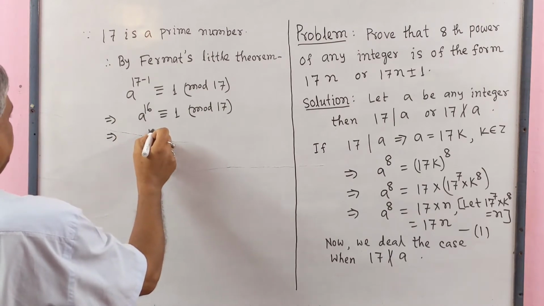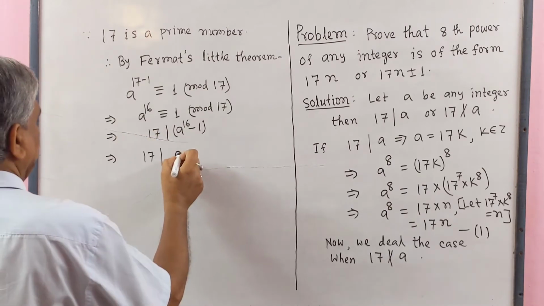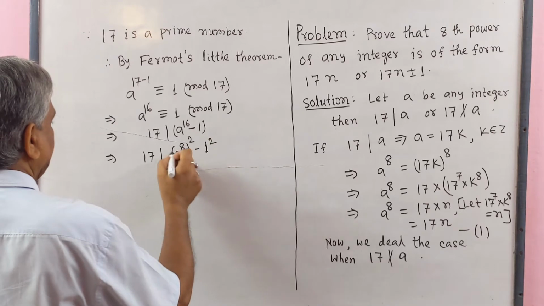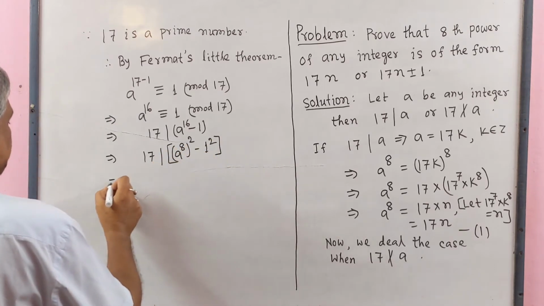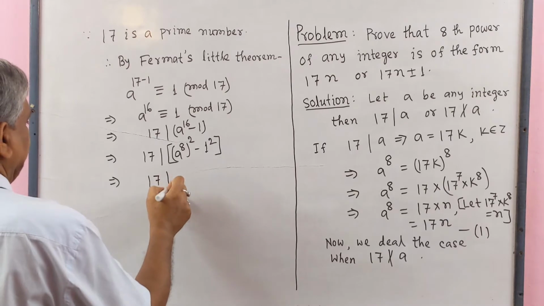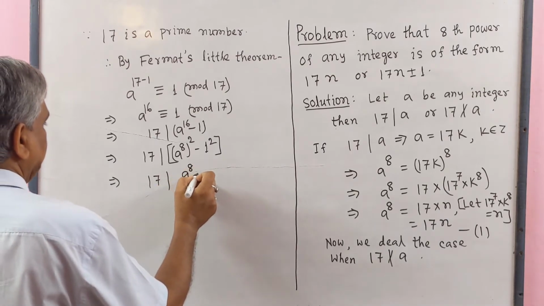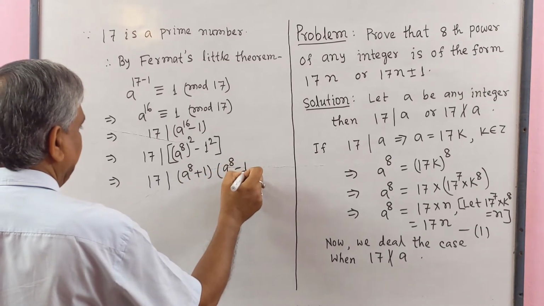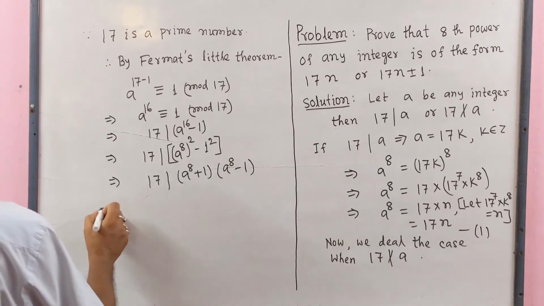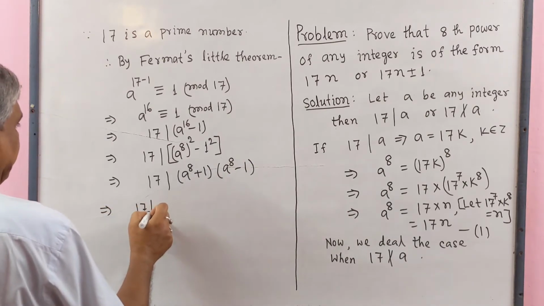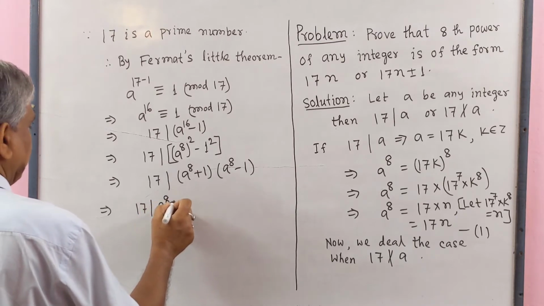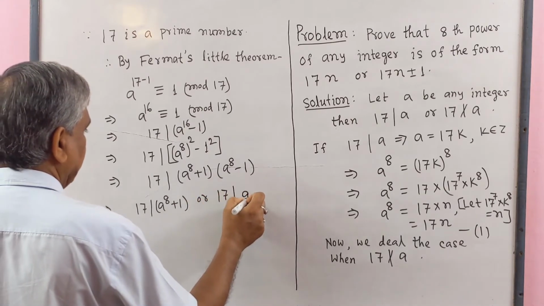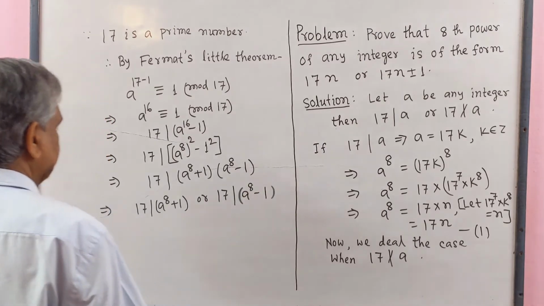Implies that 17 divides a to the power 8 whole square minus 1 square. Implies that 17 divides a to the power 8 plus 1 multiply a to the power 8 minus 1. Implies that 17 divides a to the power 8 plus 1 or 17 divides a to the power 8 minus 1.